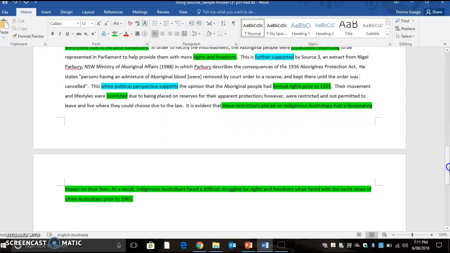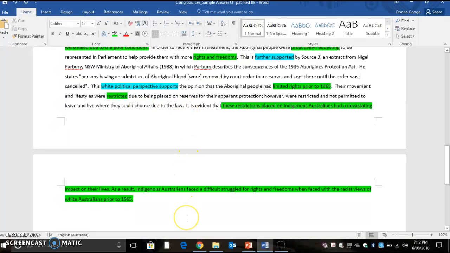It goes on to expand on how they were treated unfairly, using words like restrictions. Now you'll notice that not all this information, this evidence comes from the sources. There's some general information there as well. And the sources are used to back up both the general information and the opinion.